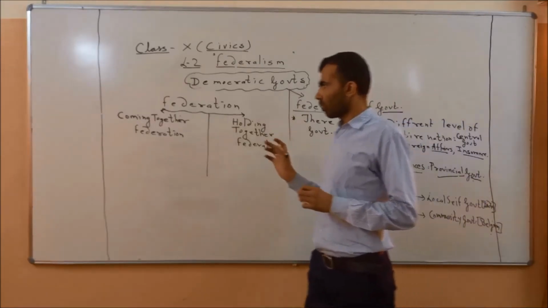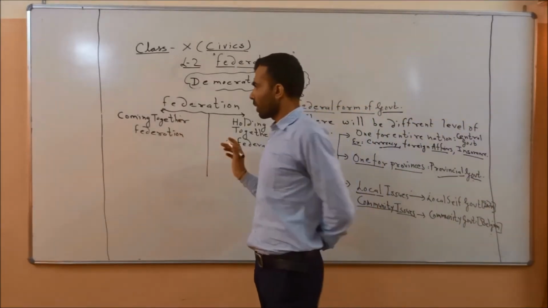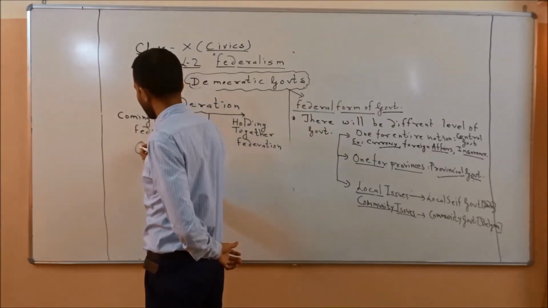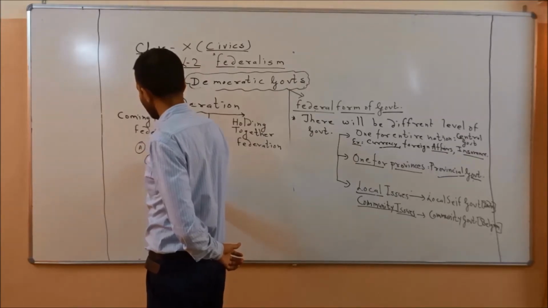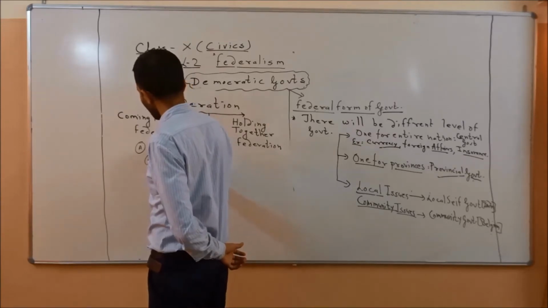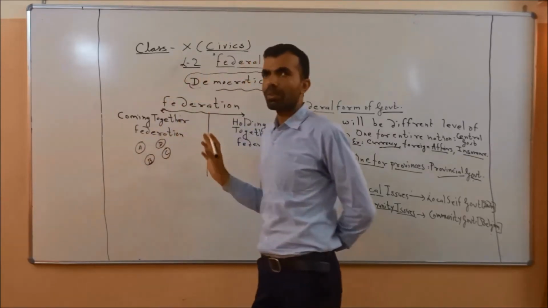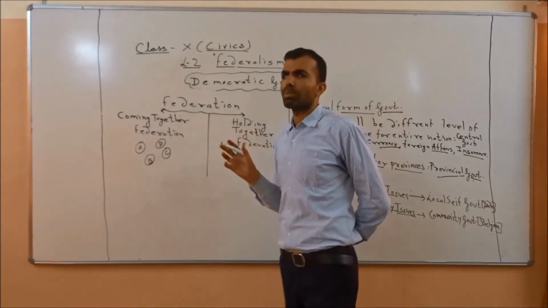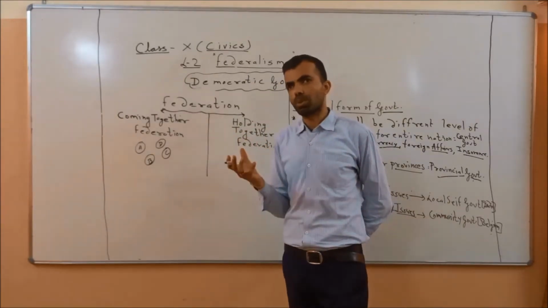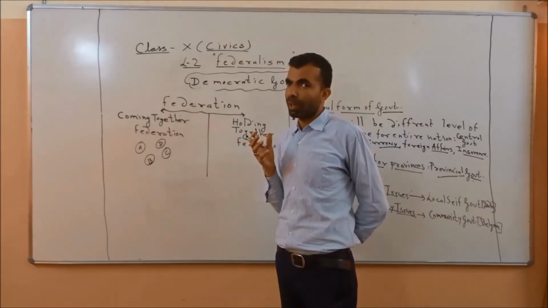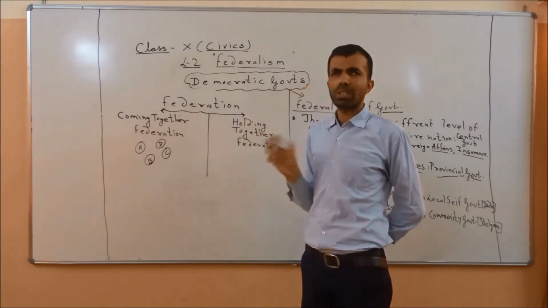Once again I repeat, just suppose there is a state by the name of A, another state by the name of B, another C, and another D. All these were smaller states, and as they were smaller, they had problems. Maybe the problem of finance, maybe of resources, maybe of dealing with international problems. As they were smaller, they were facing these problems.